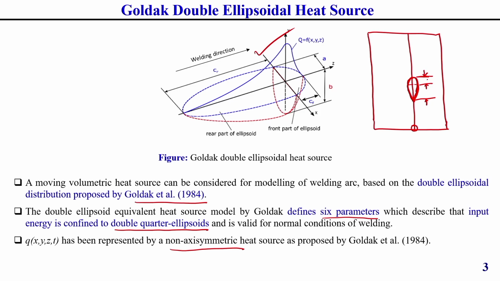Let us consider the front ellipse has an axis which I am representing as CF, as it is the front, and the back part of the ellipse axis I am representing as CR, as it is the rear part. Now, apart from this, along the thickness direction, if I draw these two ellipses like this.